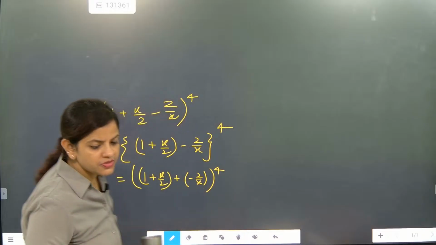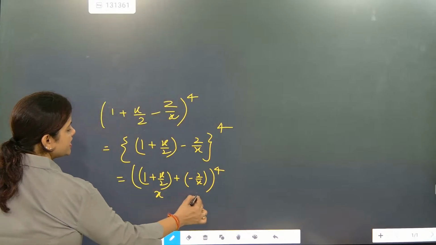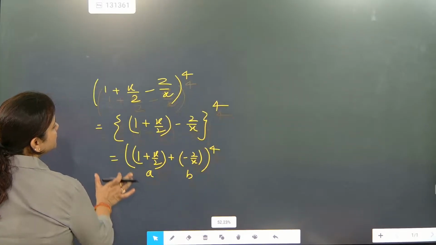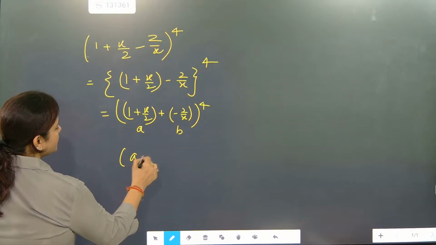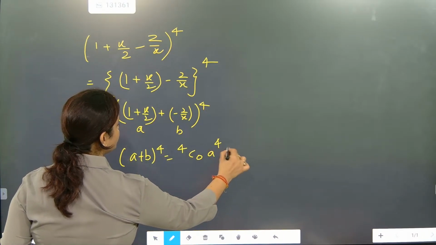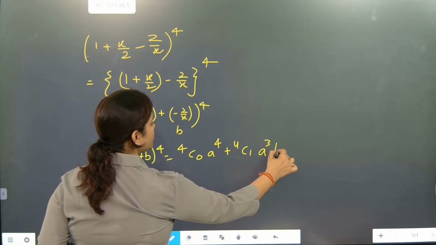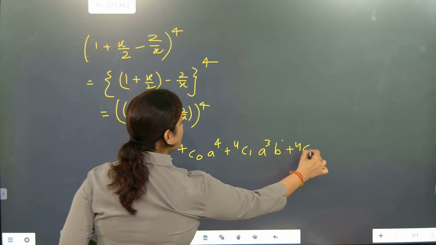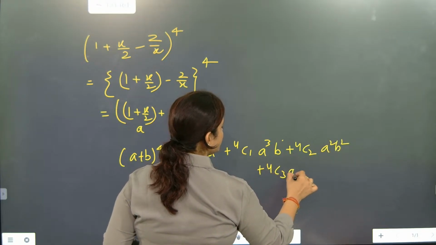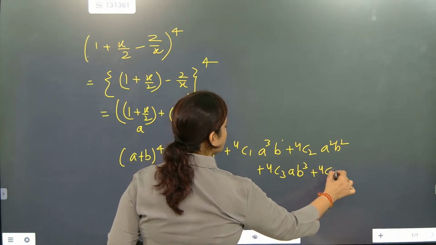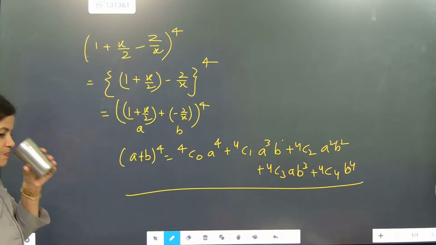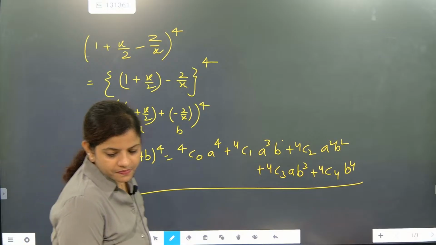After that, the expansion becomes the same only, Sujata. This part take it as A and this part take it as B. A plus B expansion will become what, beta? It will become A plus B to the power 4. It will become 4C0 A to the power 4, 4C1 A cube B, 4C2 A square B square, 4C3 A B cube, 4C4 B to the power 4.